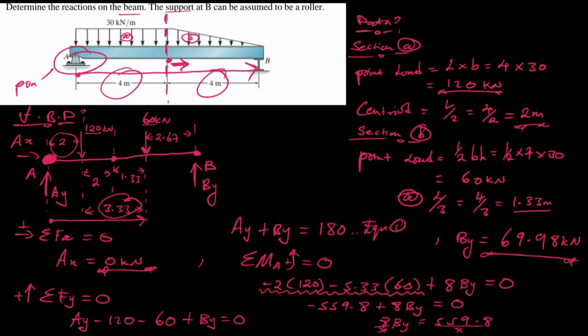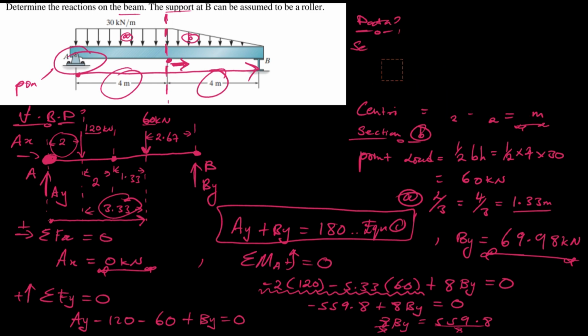Now, we're not really necessarily done with the values of the reactions. We have BY, but in the actual sense, we're supposed to find as well the reaction at A in the y-axis. So looking at equation 1 that we made here, we can use this equation to calculate the value of AY. So from equation 1, we know that AY plus BY is equal to 180.